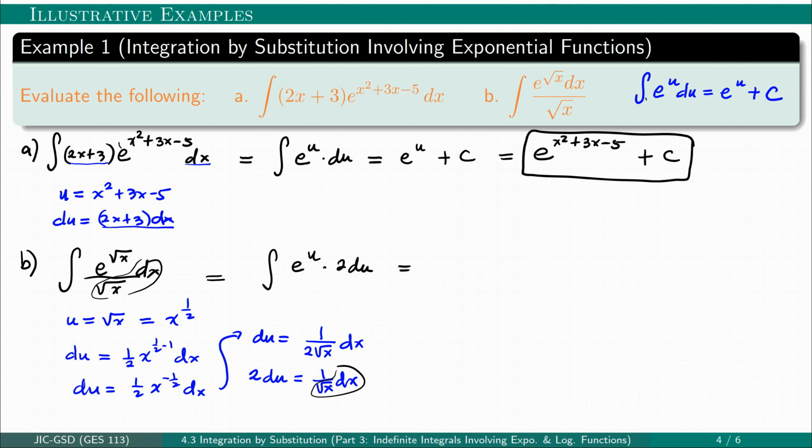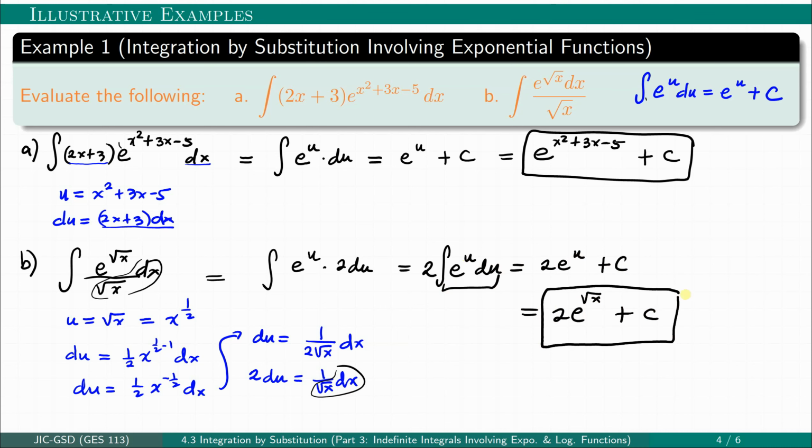Moving the constant 2 outside of the integral, we will have 2 times the integral of e to the u du. Using the formula, we will have 2 multiplied by e to the u plus c. Replacing our u, which is the square root of x, this will be our final answer.